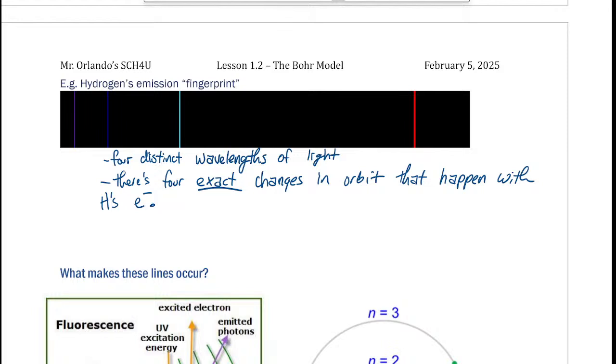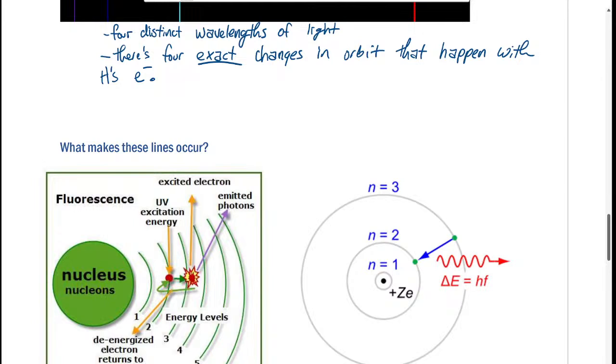And if you look here, what those changes are is from orbital 3, which we say n equals 3, down to n equals 2. That's a release of light. There's n equals 3 going down to n equals 1. There's n equals 2 going down to n equals 1. And we can even get up into the 4th orbital and things like that. But there are specific orbital changes that give specific energy levels.